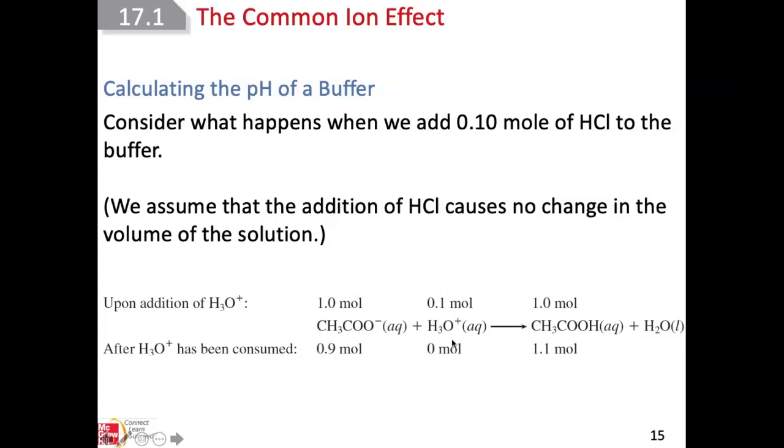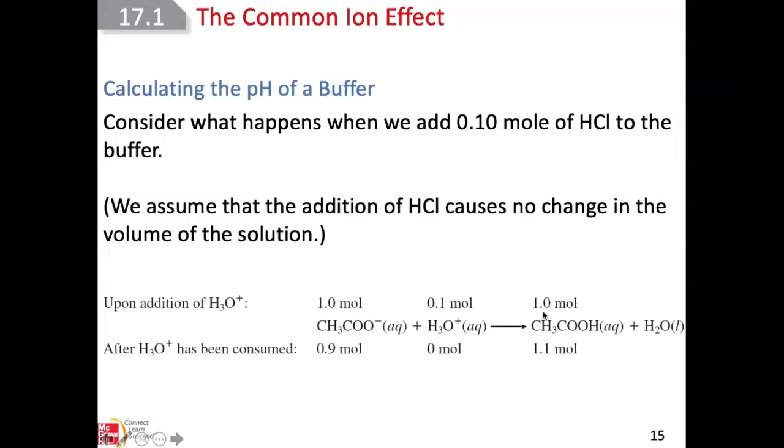All of this H3O+ will be neutralized by the conjugate base. And at the end, you will have no H3O+ left. But of the conjugate base, you will have 0.9 left, because 0.1 mole has to neutralize the 0.1 mole of H3O+. And you will get the acid.